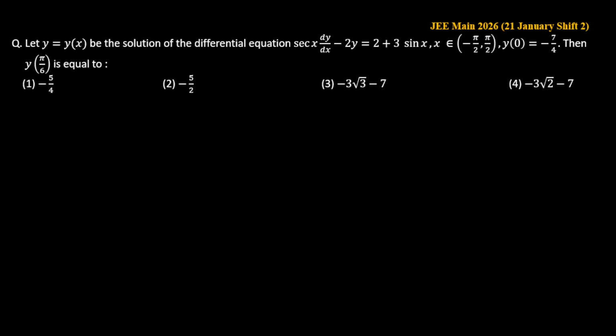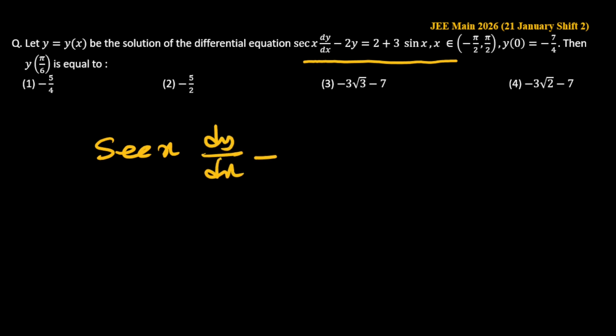First, let's write down the given differential equation. So the differential equation is this: sec x dy/dx minus 2y is equal to 2 plus 3 sin x, and x belongs to minus pi by 2 to pi by 2, and given one condition, y at 0 is equal to minus 7 by 4.